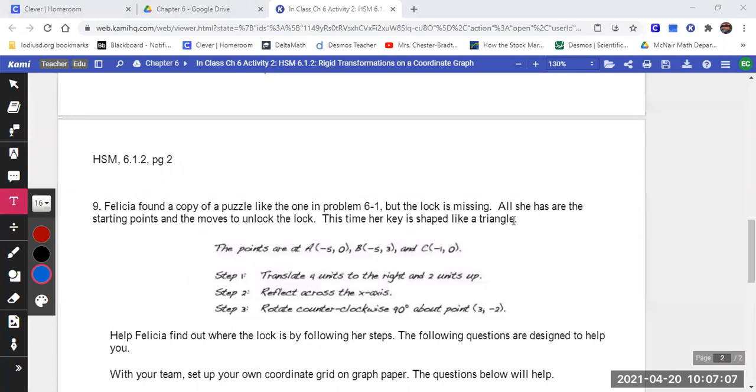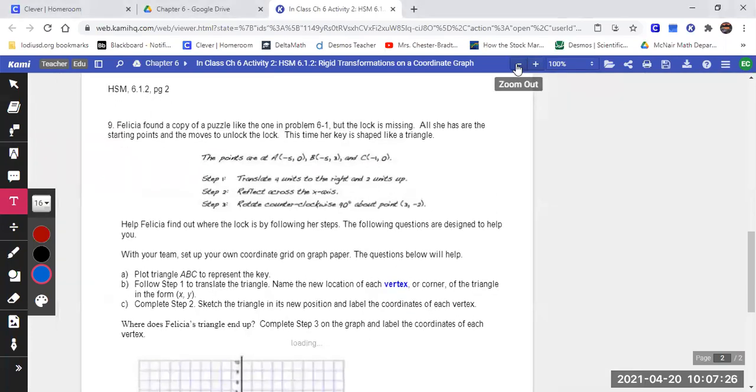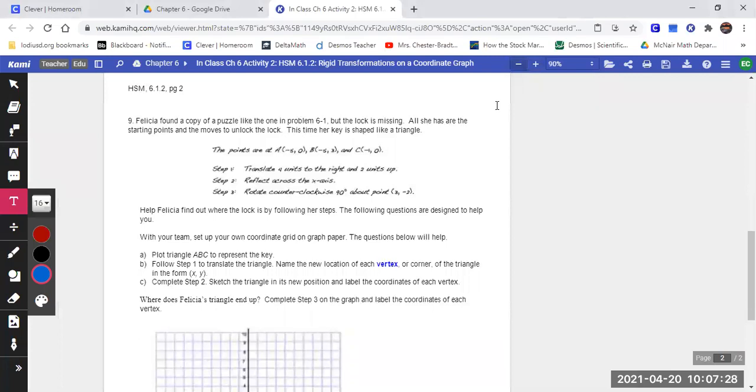Okay? The starting point and the moves the key took. So we are going to make the triangle, we're going to move the triangle, and we're going to see where it ends. Okay, so I need to zoom out a little bit because I can't see those and the graph at the same time. So you have it on your page, just like I have it on mine.